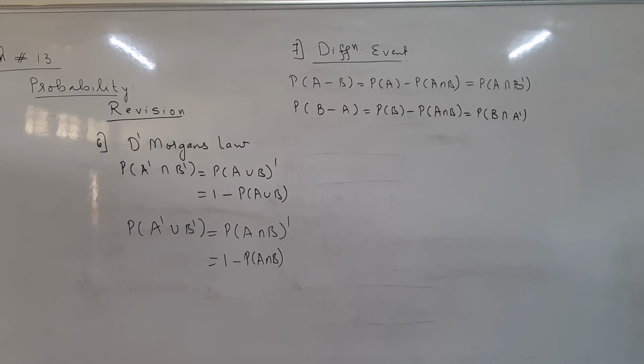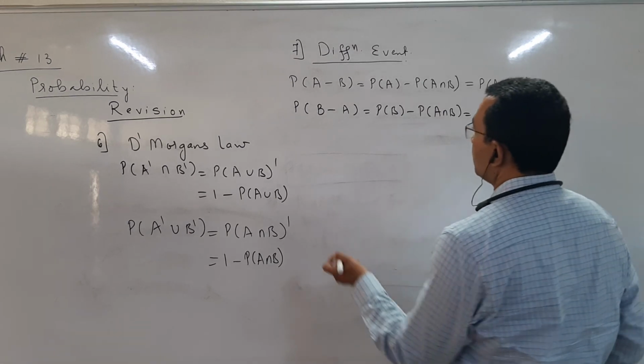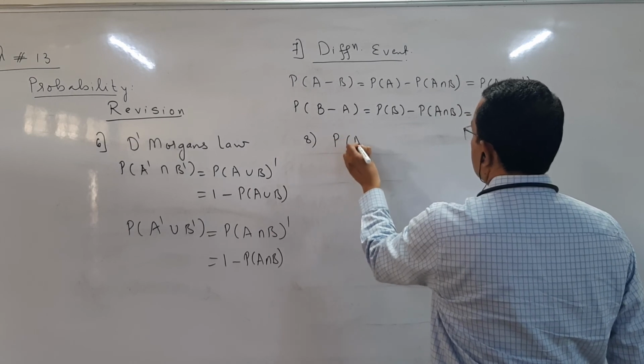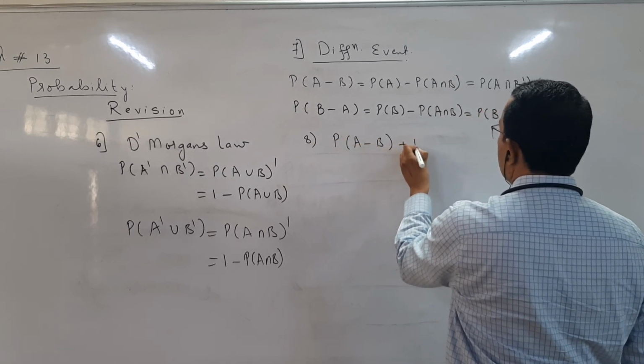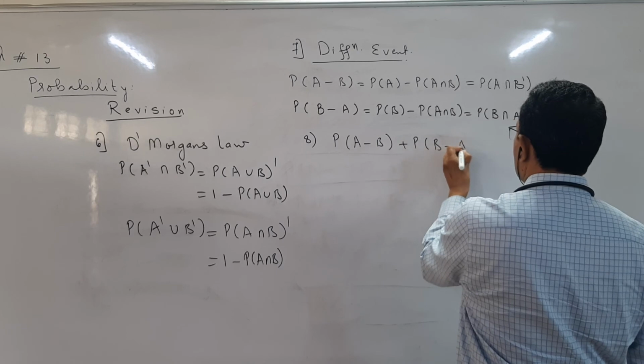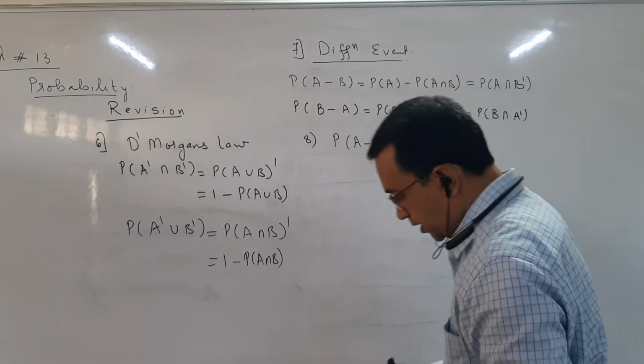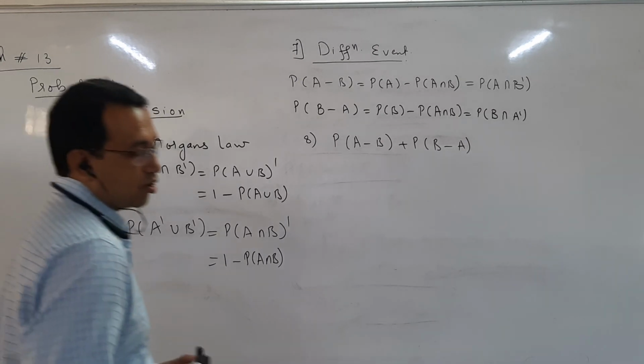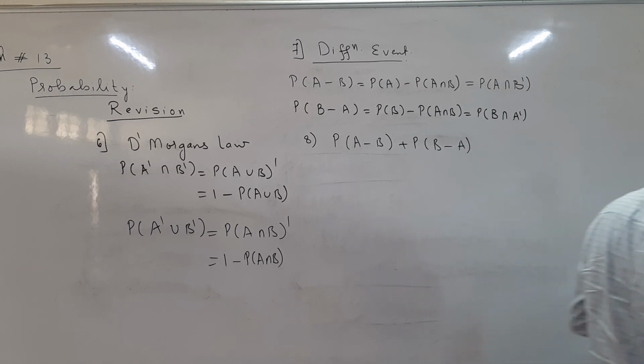Then one more formula, the probability that only one of the two events A and B occurs is equal to P of A minus B plus P of B minus A. Either exclusively A occurs or exclusively only B occurs.